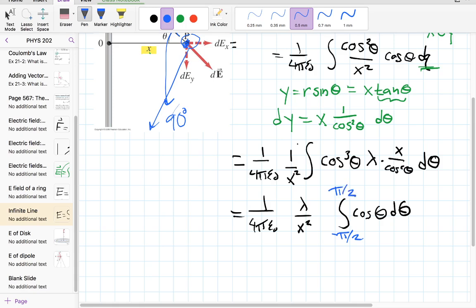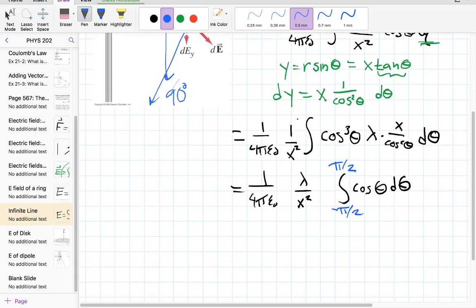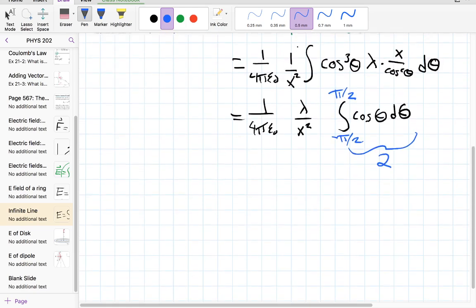Notice how much easier this integral is to do than the one we had when we did it as a y integration, which was 1 over x squared plus y squared to the 3 halves. Our integral here is actually really straightforward. What's the integral of cosine theta from minus pi over 2 to pi over 2? It's just sine theta. It's 1 minus minus 1. This integral is just 2. So the answer we get is equal to 1 over 2 pi epsilon naught. Oh, I lost an x here somewhere.